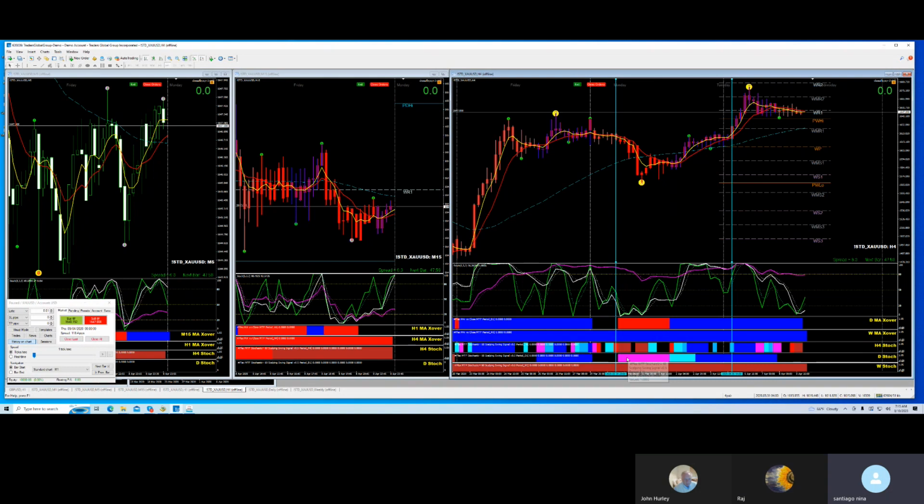When the 4 hour is cycling by itself against the daily, you're going to get short directional moves, so counter trend. So in order to get the best trades throughout the week, we're just going to concentrate on the H4 and daily being in sync, and then trading in that direction.